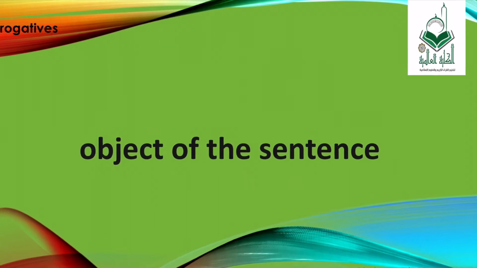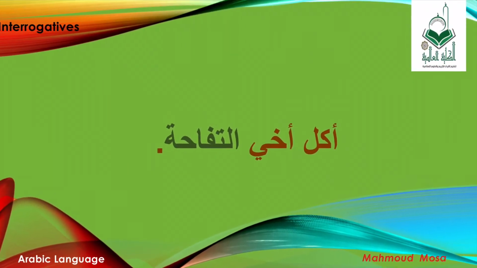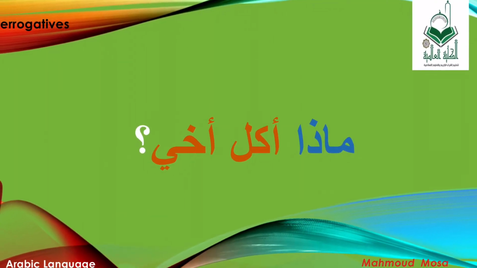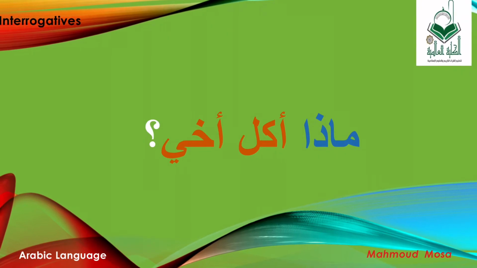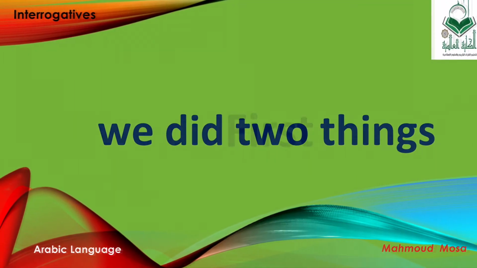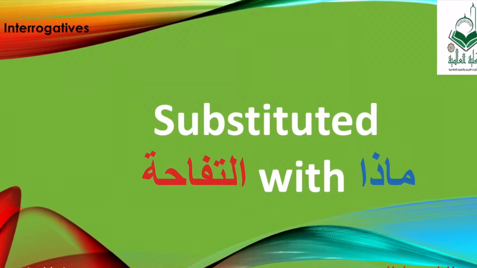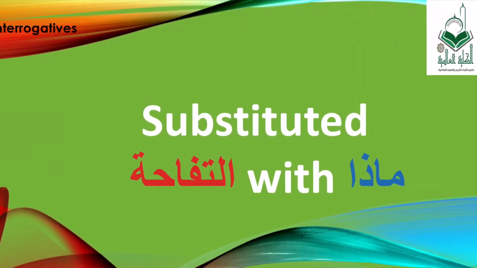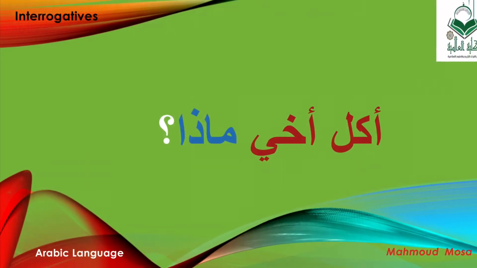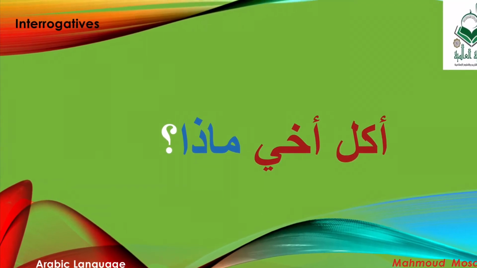The thing was eaten by my brother. ماذا أكل أخي؟ We notice that we did two things. First, we substituted التفاحة with ماذا. أكل أخي ماذا.